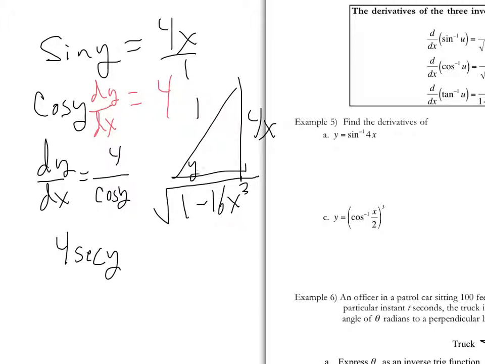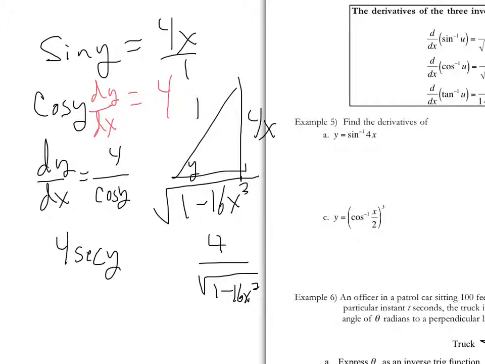And if that's angle y, we know the secant is hypotenuse over the adjacent. So this becomes 4 times 1 over the square root of 1 minus 16x squared. Or we can just think of that as 4 over that.